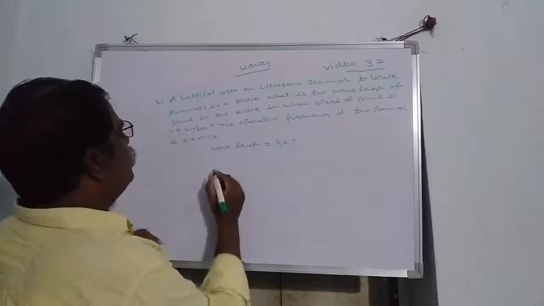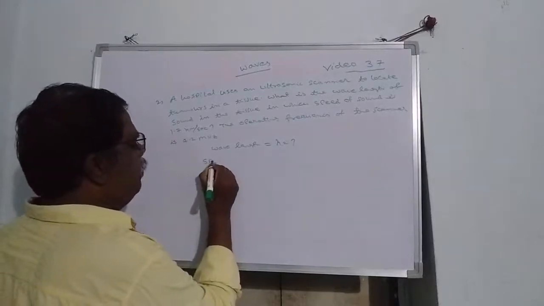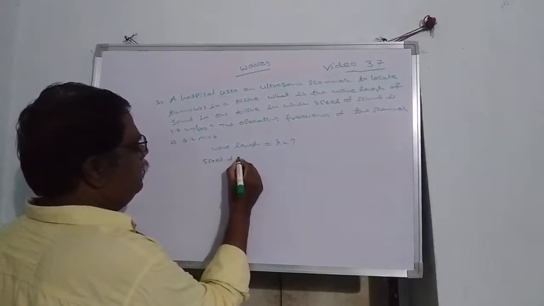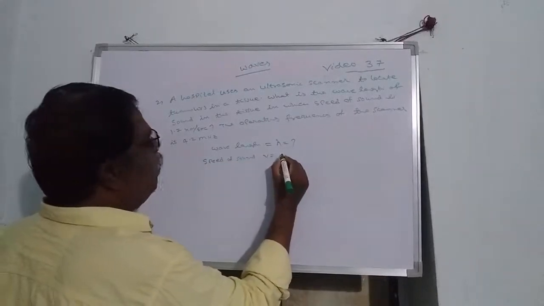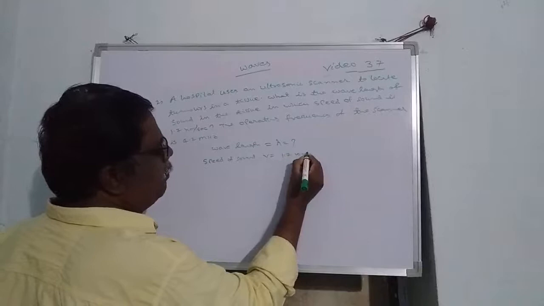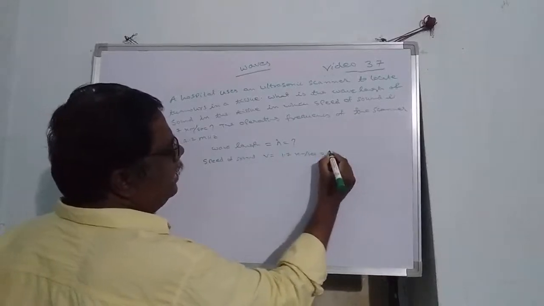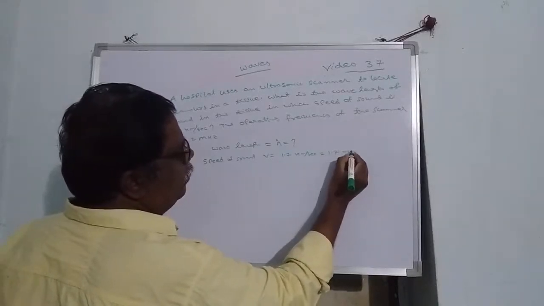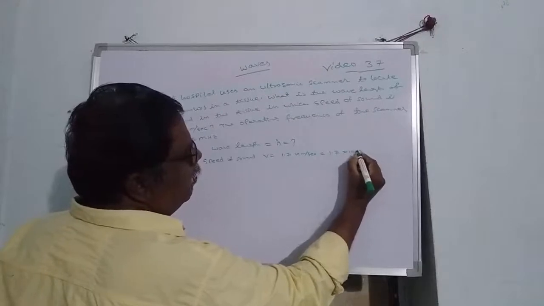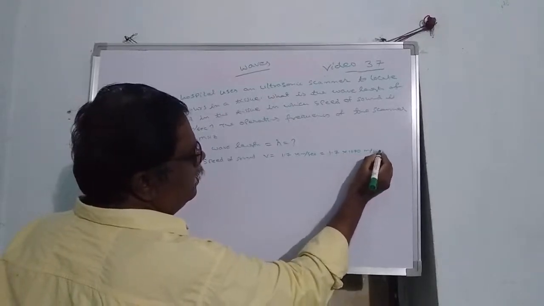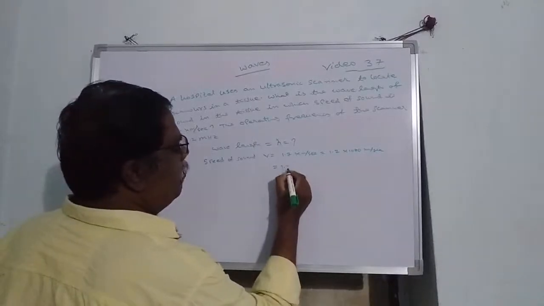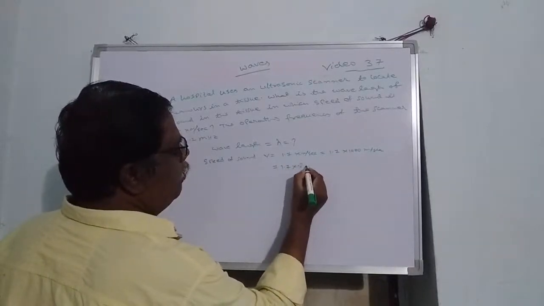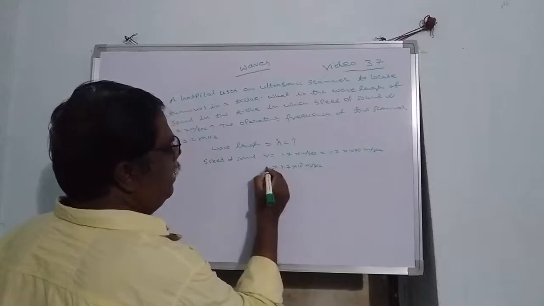The speed of sound V is equal to 1.7 kilometer per second, that is 1.7 into 1000. Kilometer means 1000 meters. So 1.7 into 10 cube meter per second.